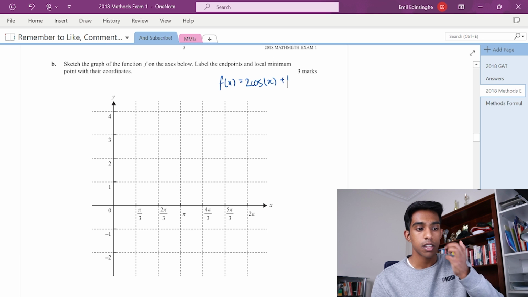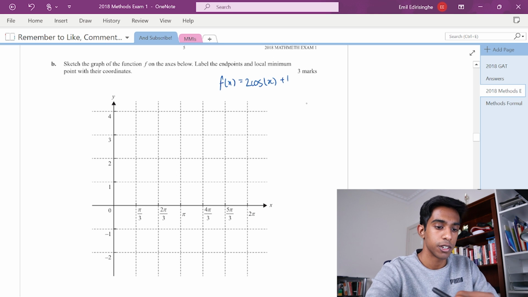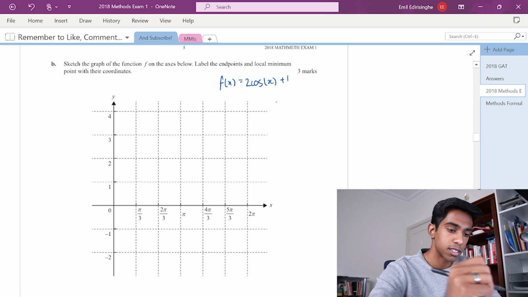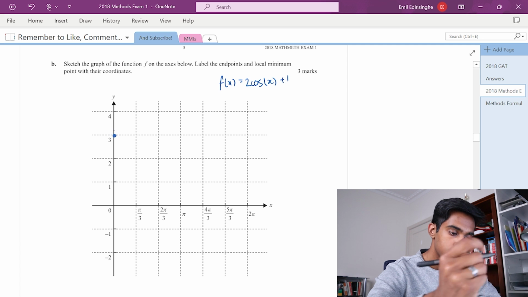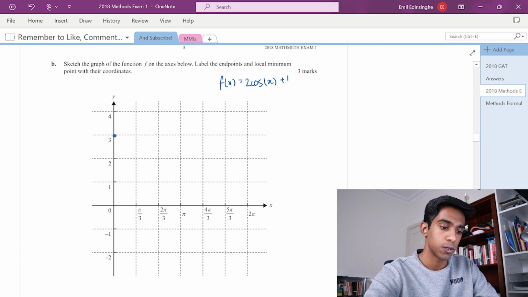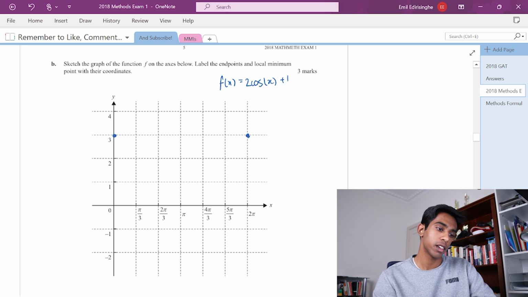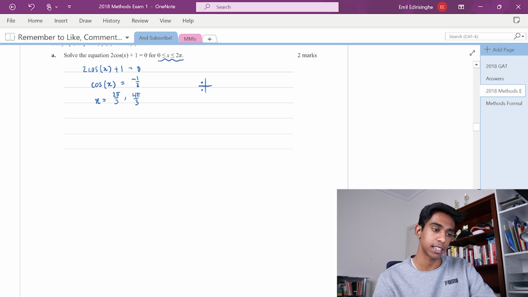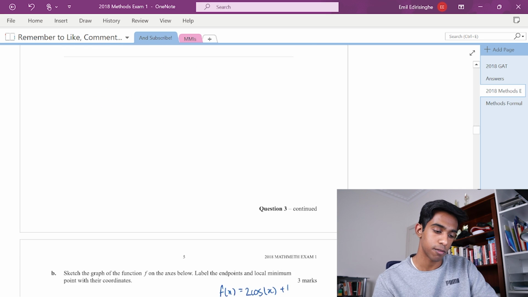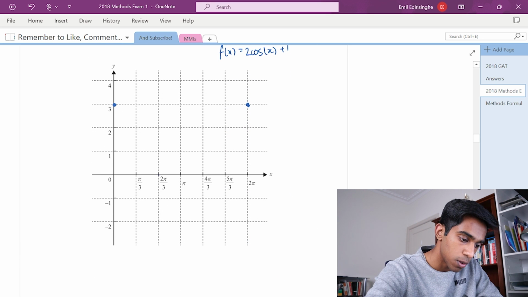So first thing I'll do is I know cos equations look like this. Oops, look like that. So I know that the point is going to start from 2 plus 1. So it's going to start at 3. And then it's also going to end at 2 pi and 3. And then from the previous question, we got the x-intercepts. Got 2 pi on 3 and 4 pi on 3. So I'll just write that in as well.